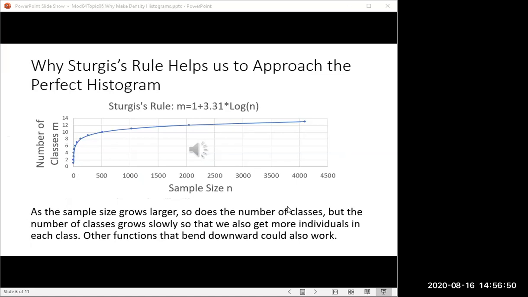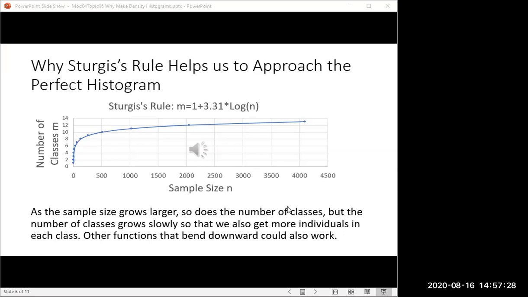Now, regardless of what kind of histogram we're making, whether it's the frequency or the percent frequency or the percent frequency density histogram, we use Sturges's rule to decide how many classes to use. And the nice thing about Sturges's rule is that as the sample size grows larger, this formula for the number of classes does make the number of classes increase.